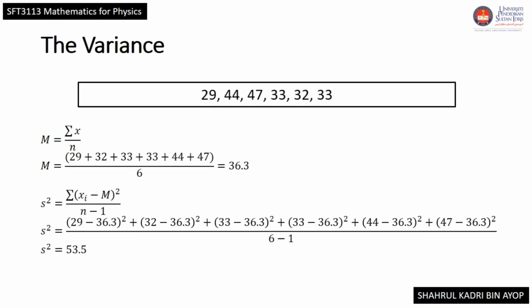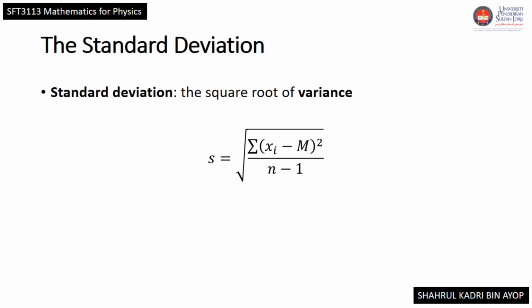As you can see here, the mean value is 36.3. After that, we can calculate the variance for this data set, and the variance S squared is equal to 53.5.